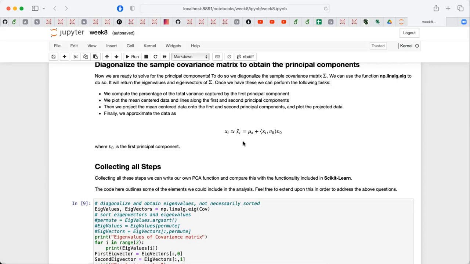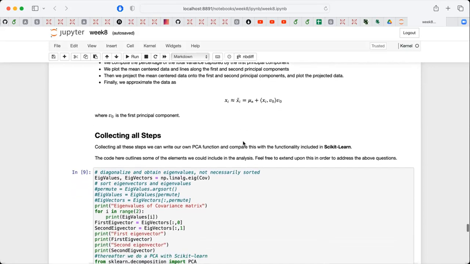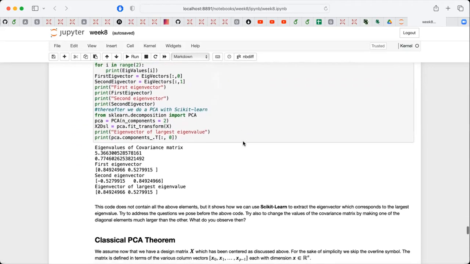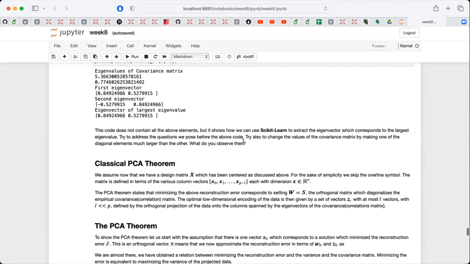And the error you make then is going to define your reconstruction error, and that's the quantity you want to optimize. That quantity is going to be the same which you get when you do the linear approximation in the autoencoders. And this is something which I'm going to go through in more detail next week.